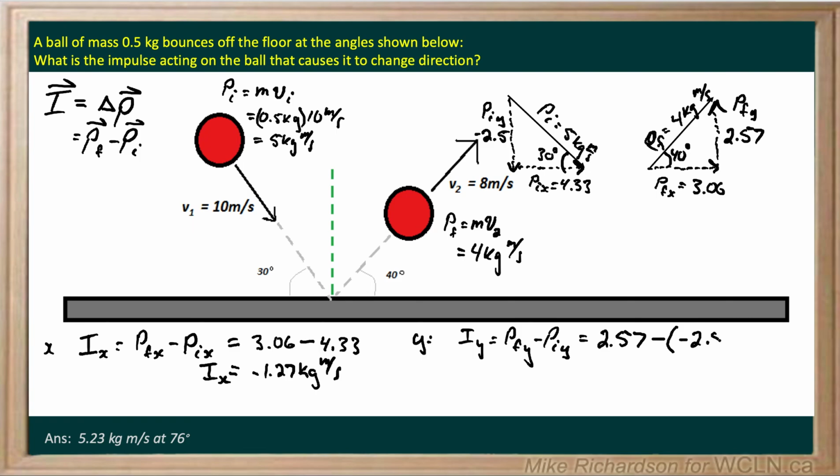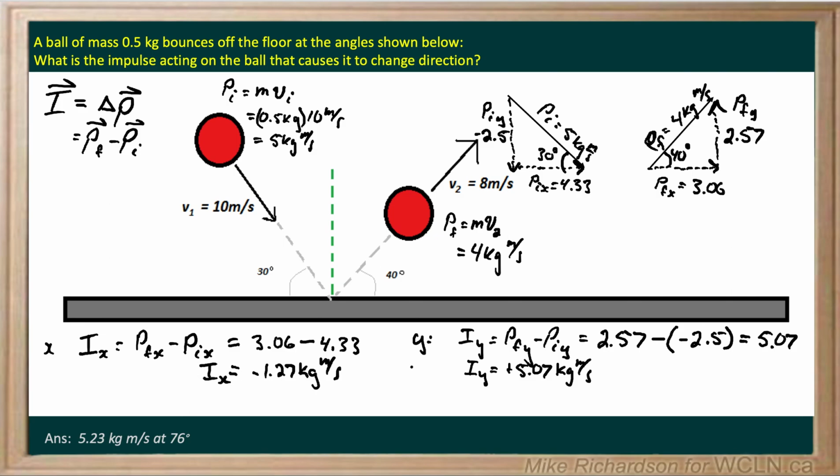So you can see why you got to watch the signs here. And when you work all that through, you end up getting a y component of 5.07. That's positive. So my y component for my impulse is positive 5.07 kilograms meters per second.